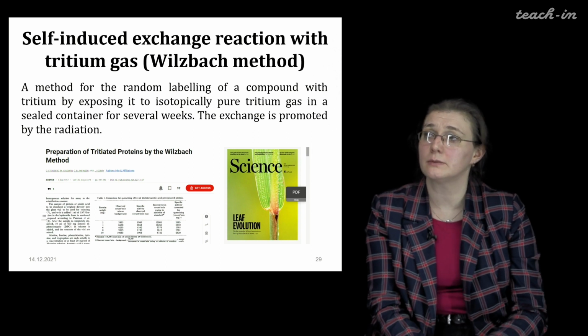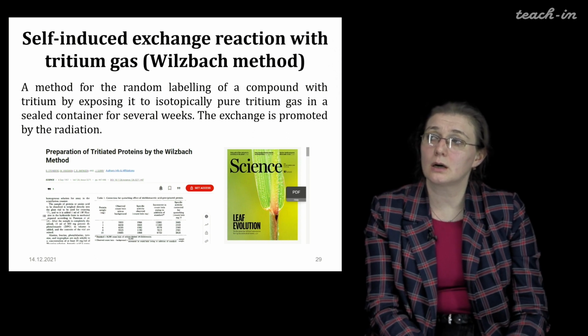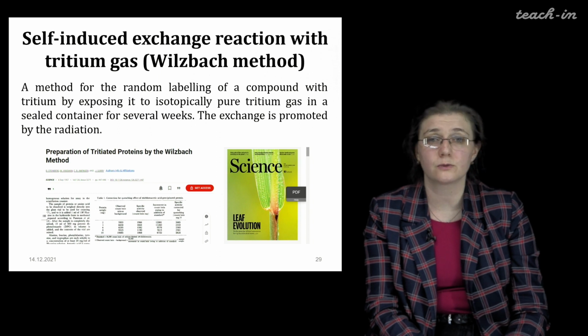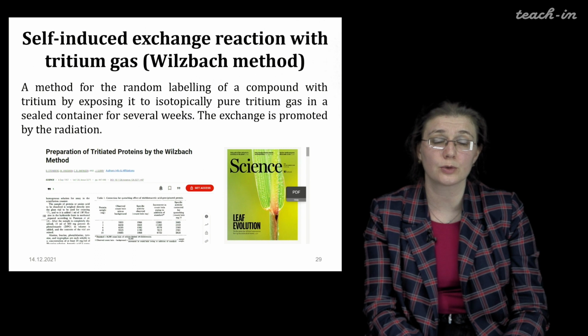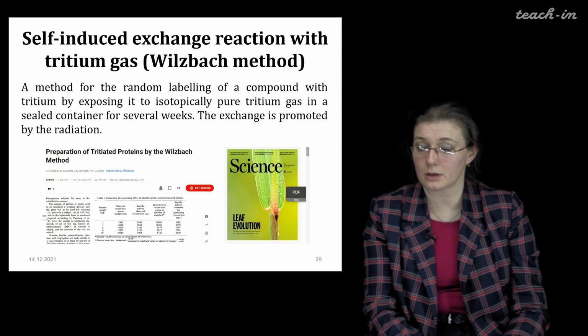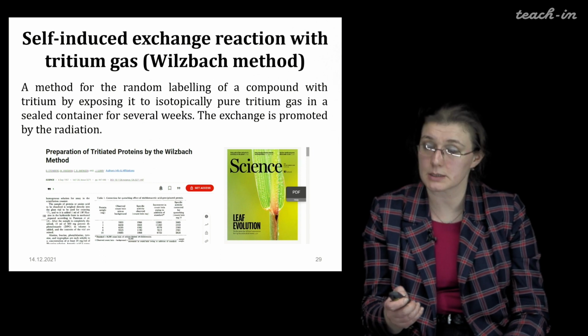So this technique, the Wilzbach method, is widely used for the introduction of tritium label into different molecules which cannot be labeled, for example, by chemical synthesis or biosynthesis.